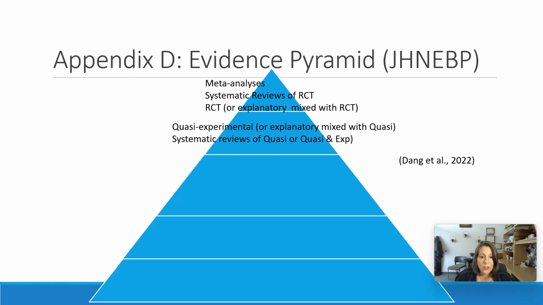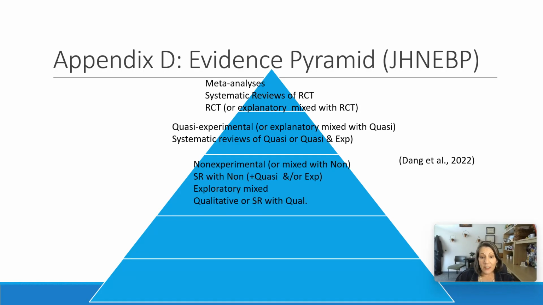Our level twos are going to be our quasi-experimental studies or explanatory mixed method studies with quasi-experimental methodology as the main component, and also systematic reviews that include quasi-experimental studies or quasi and experimental studies in them.